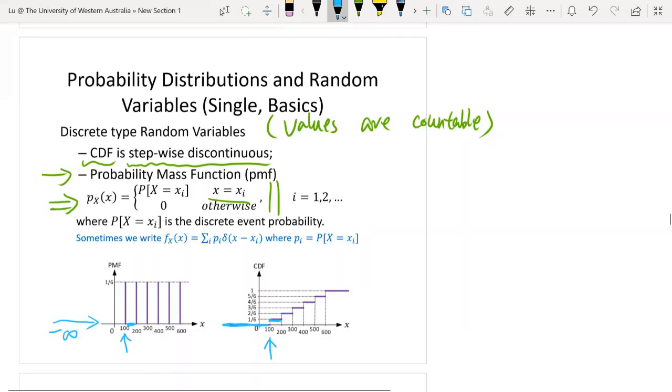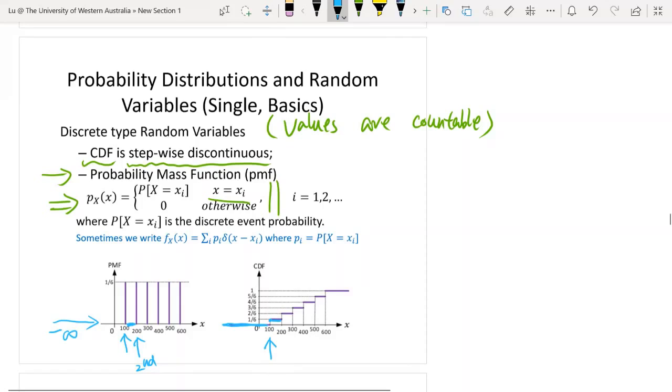Once you reach the 200 point in the PMF, you are reaching the second impulse. At this point, the second impulse will be added on the top of what you have in the CDF. So we had 1/6 before reaching 200, and at the 200 point, we need to add another 1/6 on top of it.